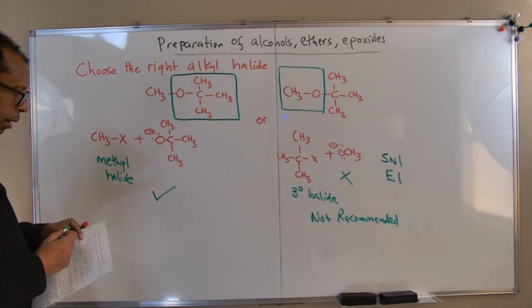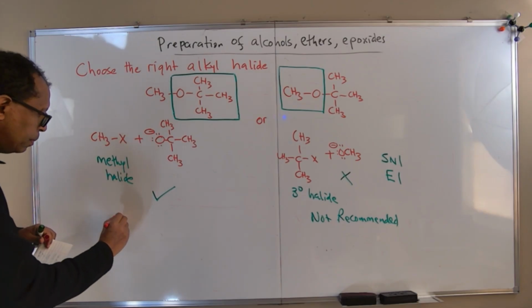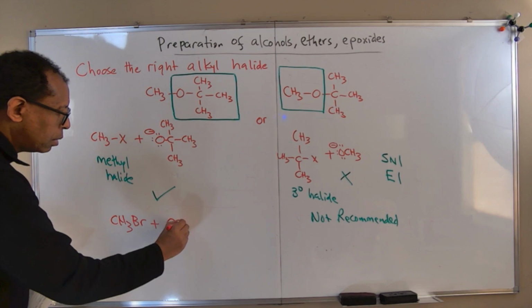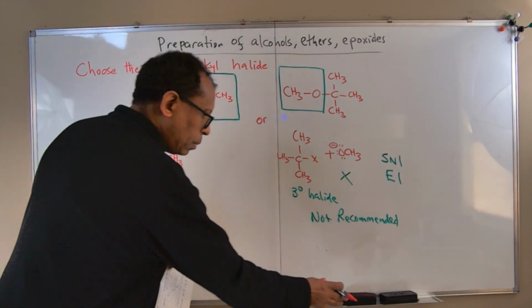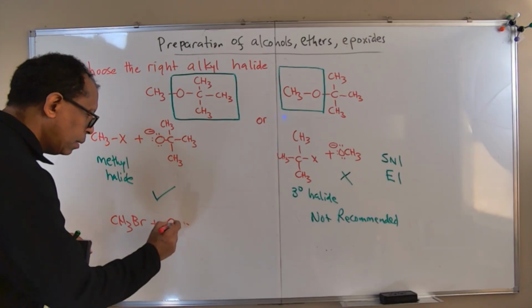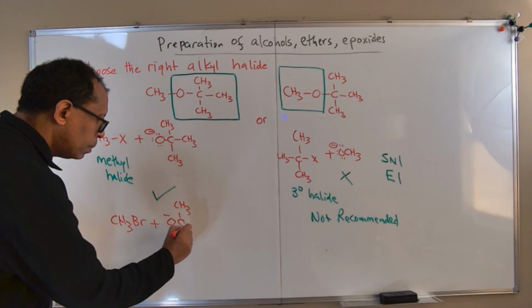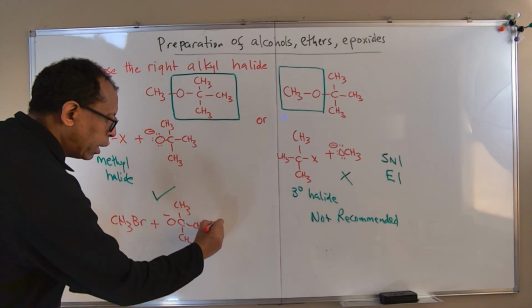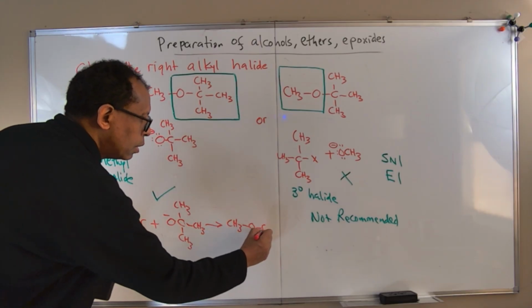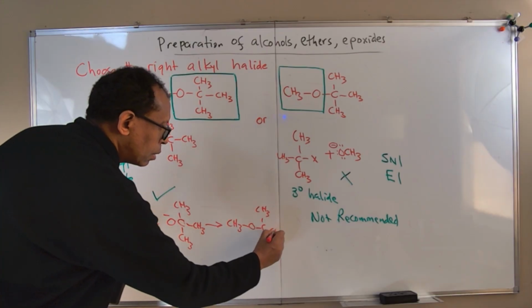In a real example, you could just use methyl bromide plus the tertiary butoxide, O-C(CH3)3, to make CH3-O-C(CH3)3.